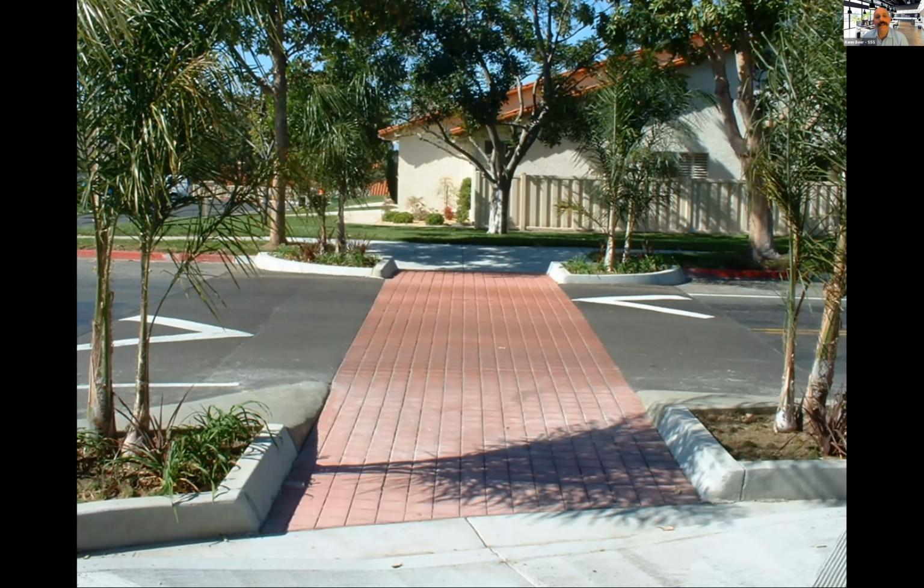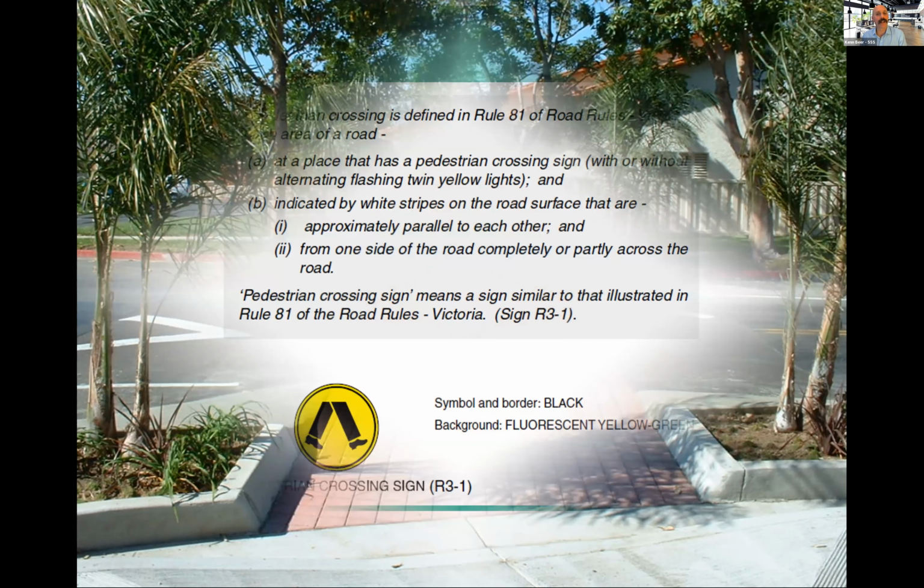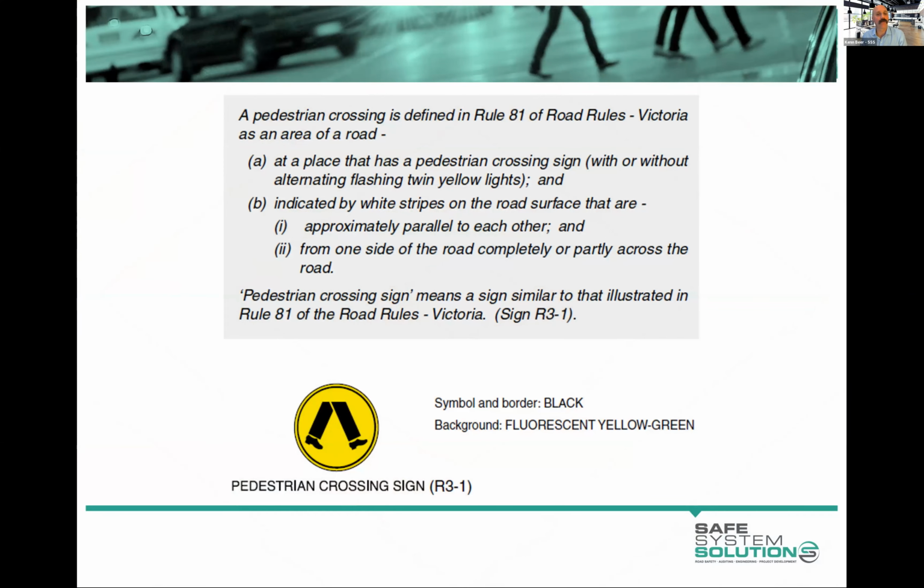But it does lend you to think, oh, will somebody be confused and walk out there thinking they've got priority? We don't want to see that confusion of priority. So as I mentioned, there's regulatory requirements for pedestrian priority, and we should know them and we should use them. And you need to have the pedestrian crossing feet, at least in Australia, and you need to have the black and white contrasting line marking.